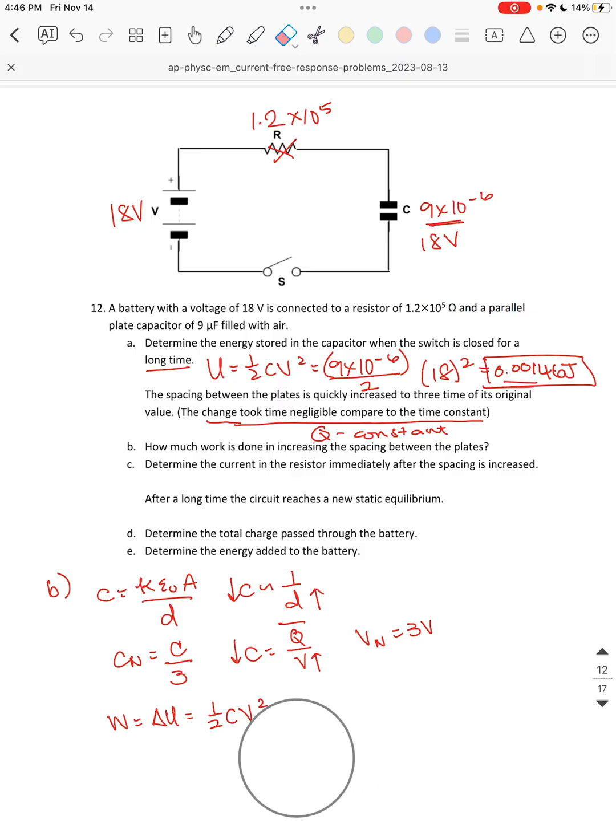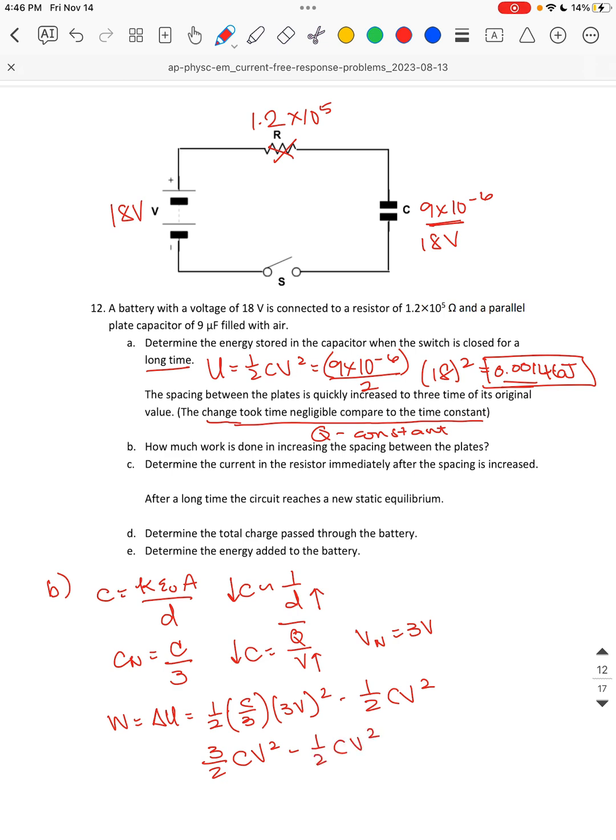So that's what I'm going to plug into my expression. I am going to plug in my appropriate values, which are 1/2, and this is U final. So U final with the new capacitance, C over 3 times 3V squared, minus the original, which is 1/2 CV squared. And I can simplify this down as 3/2 CV squared minus 1/2 CV squared. And in the end, I get just CV squared.